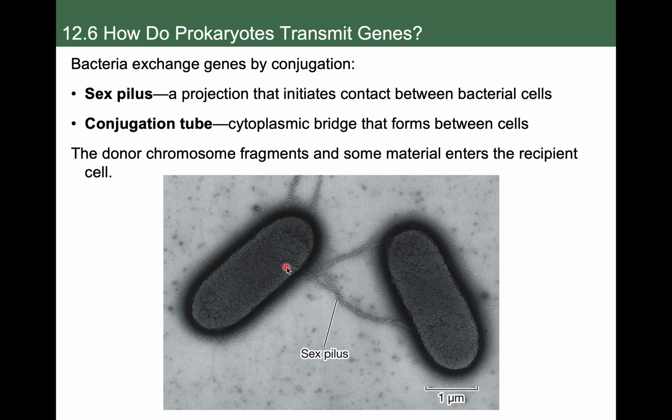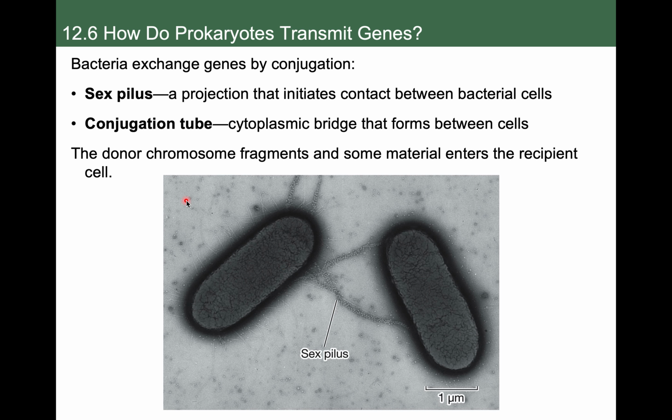But in certain species, bacteria can form what are called sex pili, which is basically like a little tube that connects the cytoplasm of the two bacteria, and DNA can actually be transferred through that conjugation tube, that sex pilus, from one bacterium to the next.